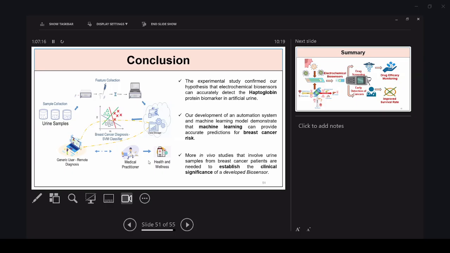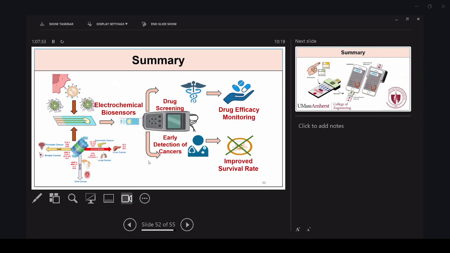Our main goal is to collect just the urine sample, use machine learning on this chip, and send it to the medical practitioner, who will immediately give advice on what exactly to do as follow-up. Our main aim is early detection.